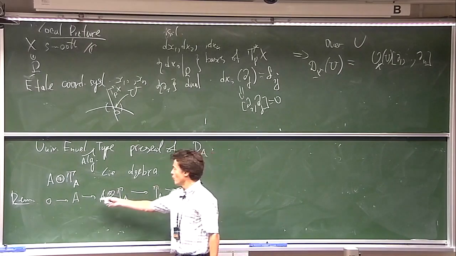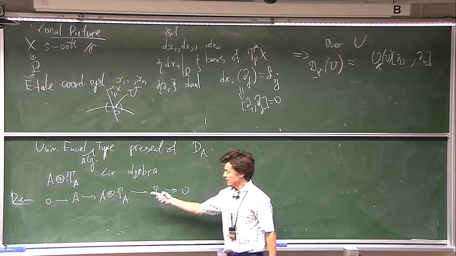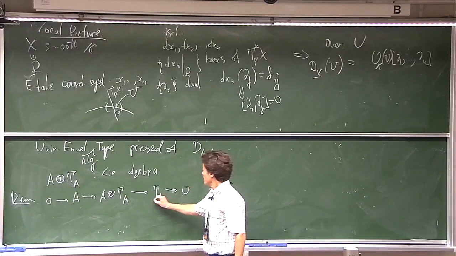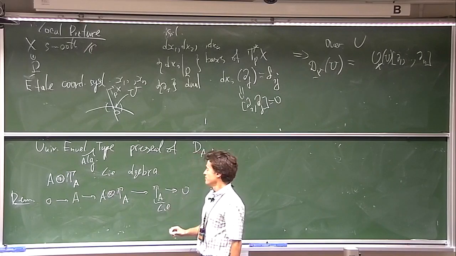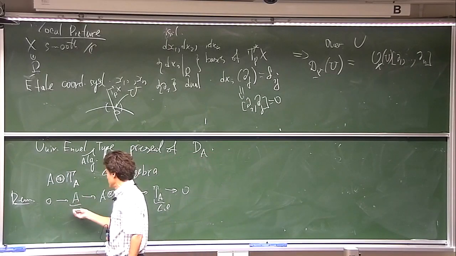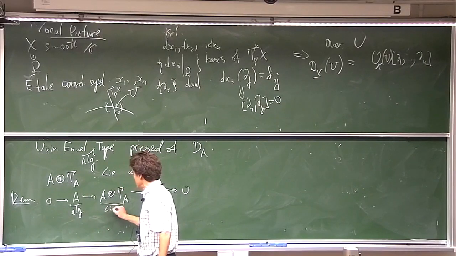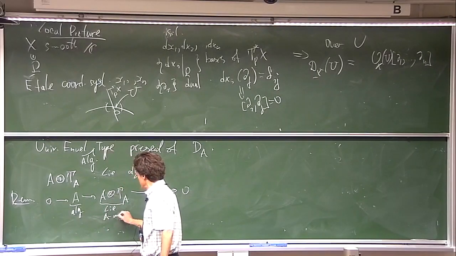I'm making the point that all these arrows respect all the structures there, and there are several. So this is a Lie algebra, and this is an algebra, and this is both Lie and A module.